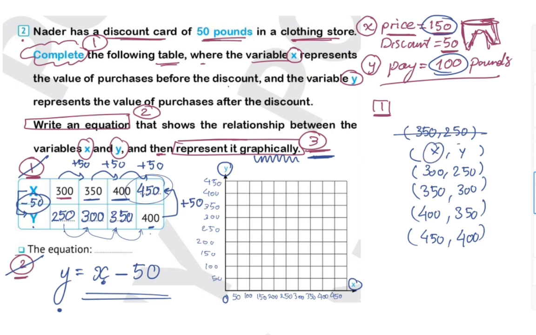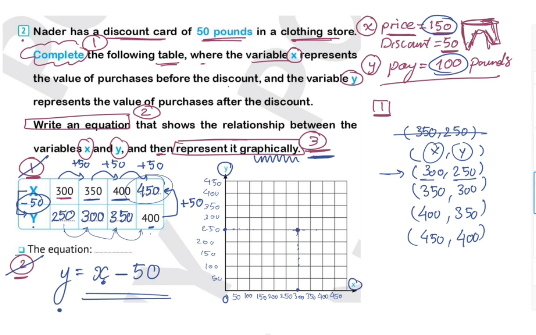X and y. Every value of x I will represent on the x-axis and y on the y-axis. First ordered pair 300 and 250. 300 from here and 250 from here. Now I need to go in this direction and this direction from x. You will meet each other here.